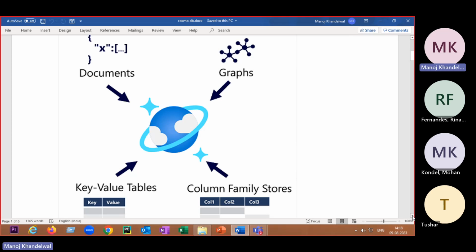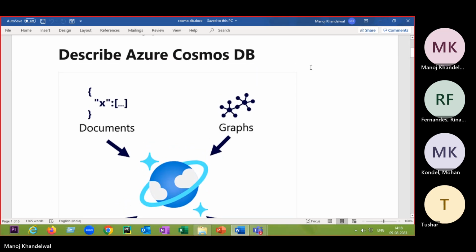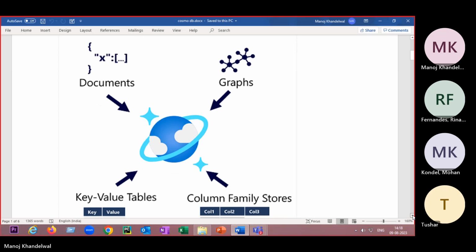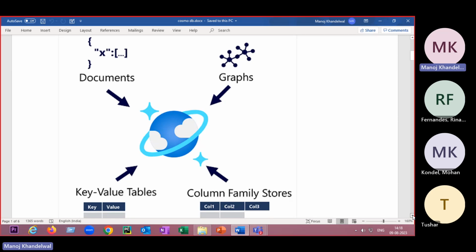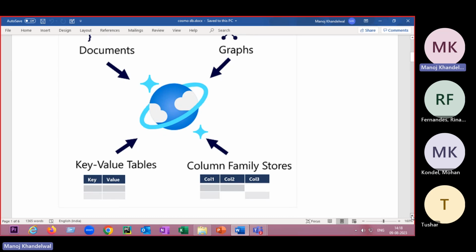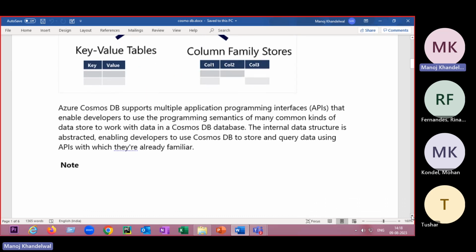We have done standalone, but how it works on the cloud, we'll see. Here it's showing different types of NoSQL database: documents, graphs, key value tables, and column family stores. That is all NoSQL database.